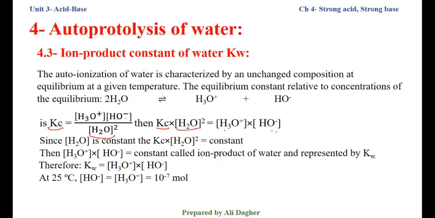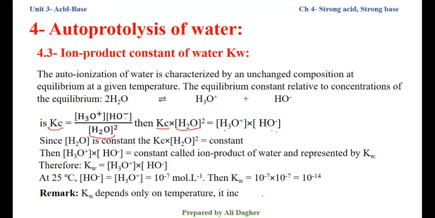At 25 degrees, concentration of HO- equals concentration of H3O+ equals 10 negative 7. Then Kw equals 10 negative 7 times 10 negative 7 equals 10 negative 14. Kw is a constant without unit. Kw depends only on temperature. It increases when the temperature increases and vice versa.